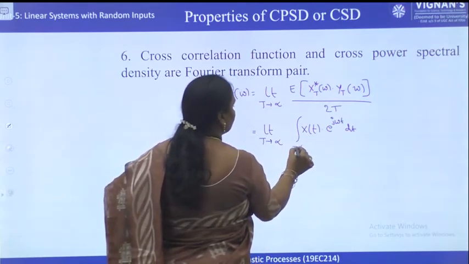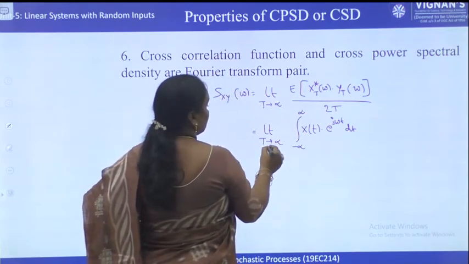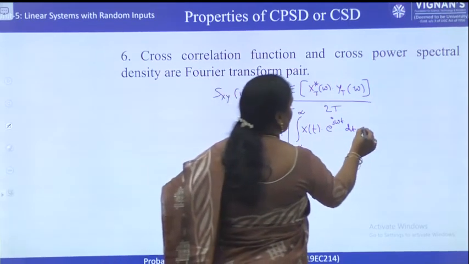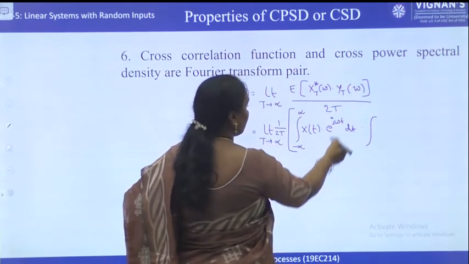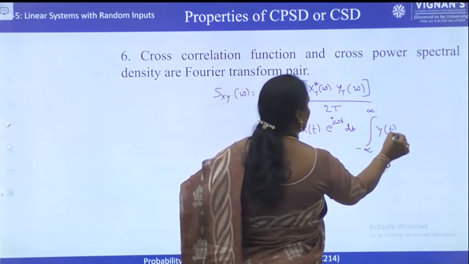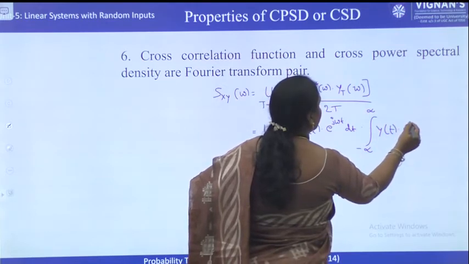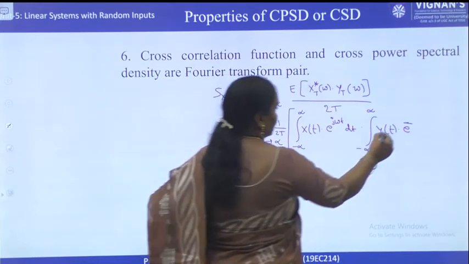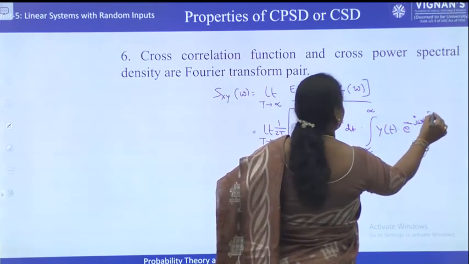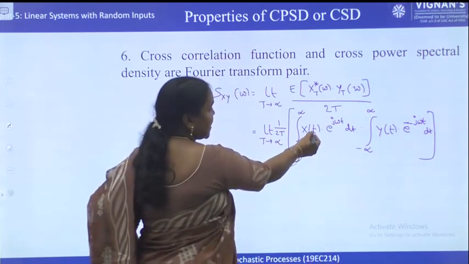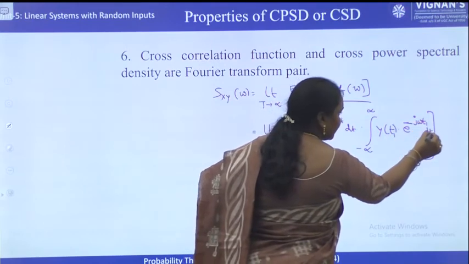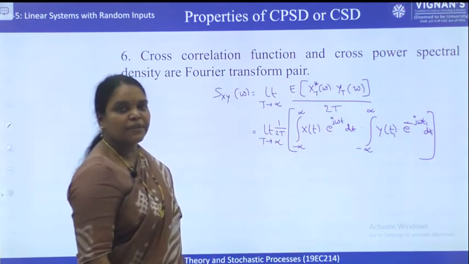Taking 1 by 2T common, into integral, Y T of omega can be written as integral minus infinity to infinity y of t into e power minus j omega t dt. But here this time and this time may not match, so to distinguish that, instead of t, I am taking t1.